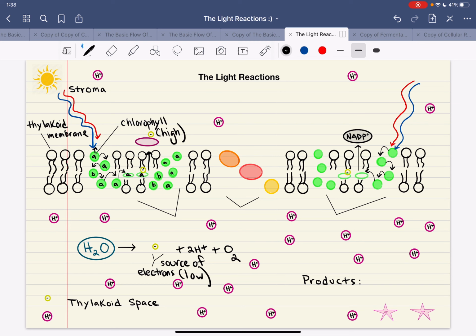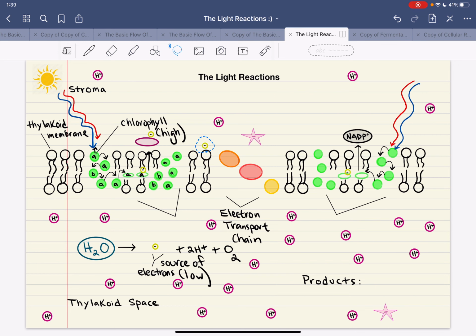But let's take a moment to label this. And we want to emphasize what we're getting out of this process. I'm going to grab another electron.